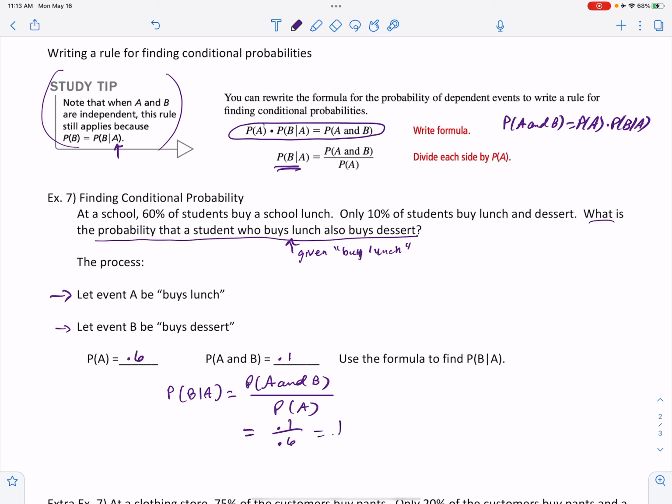So that is 1/6, which is approximately 0.167, which is about 16.7%.